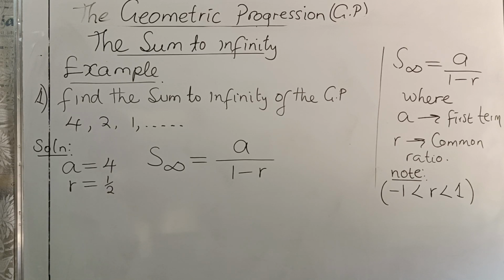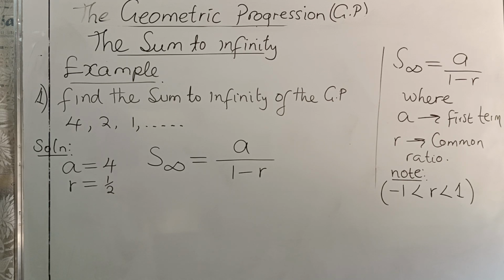Now, for us to be able to get the sum to infinity of this particular GP, we need to identify our first term and also the common ratio, then substitute into the formula, and we shall be able to get the sum to infinity.